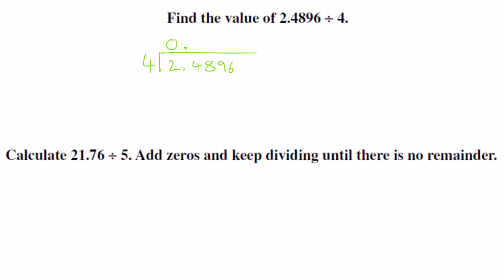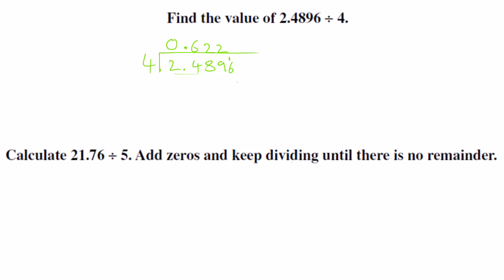Now I've got to put a 0 up there. Remember, I've still got to do that whole thing. 4 divided by 24, 6. 4 divided by 8 is 2. 4 divided by 9 is 2, but I've got 1 left over.